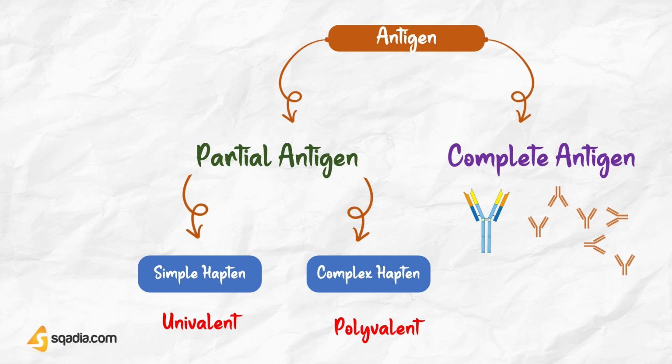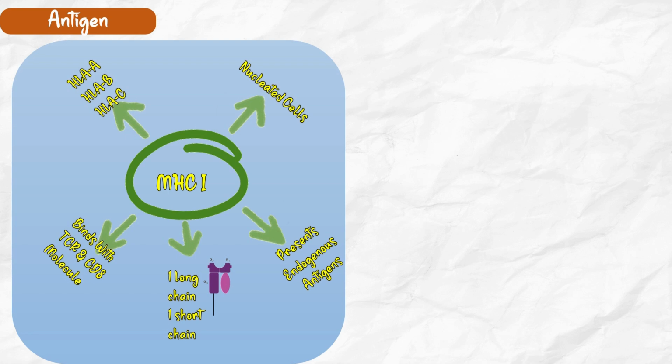As for the antigen presentation and processing, we have already discussed that in detail in our previous videos, but here is a quick review to help you revise some basics. The two types of antigens, exogenous and endogenous, are presented by the major histocompatibility complex.